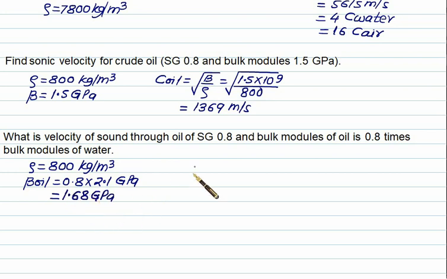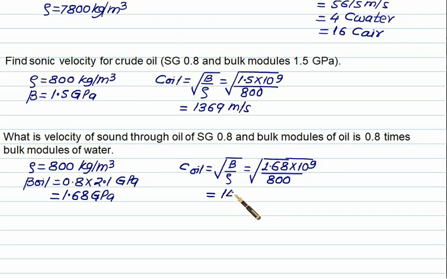To find the velocity of sound in oil, we have the same formula, that is under root of beta by rho. So we have under root of 1.68 into 10 to the power 9 divided by 800. So in this case, we'll get the velocity of sound in oil as 1449.1 meter per second.